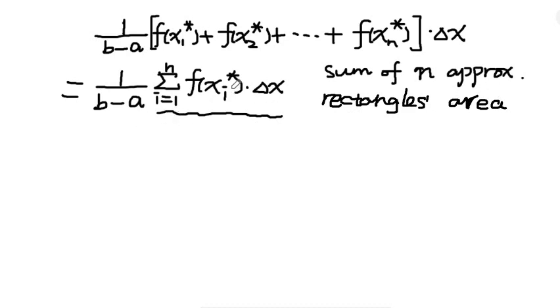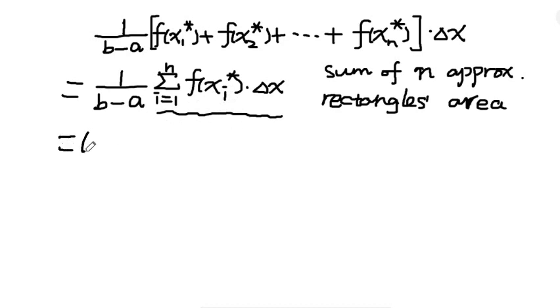This part. And then here we just assume we take the average of n function values. But we understand it's a continuous function. There will be an infinite number of function values. How can we represent that?